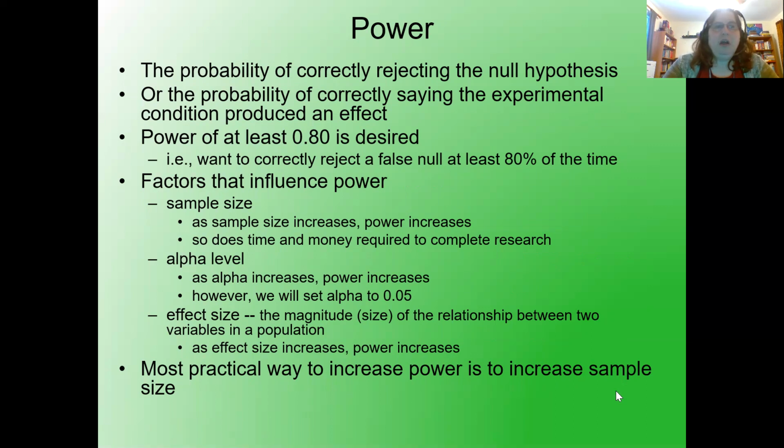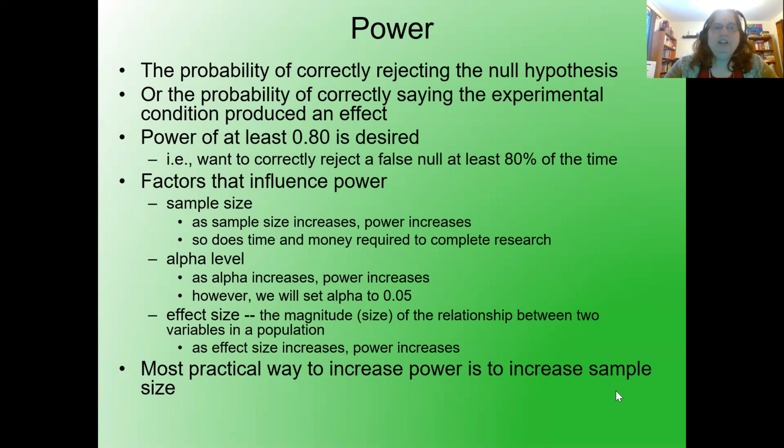What's power? It's the probability of correctly rejecting the null hypothesis, or the probability of correctly saying that the experimental condition produced an effect. Now, in general, we want a power of at least 0.80 or 80%. Why?